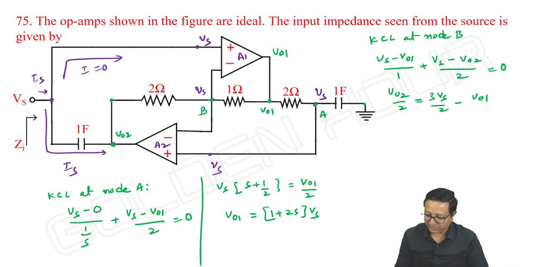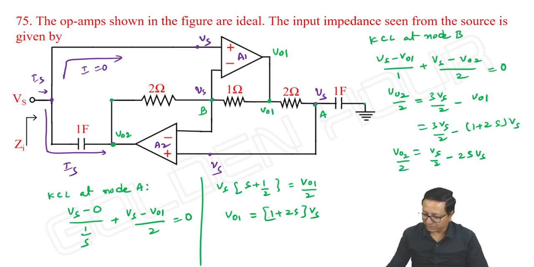It is 1 plus 2s into Vs. So 3Vs by 2 minus 1 plus 2s into Vs. Then 3 by 2 minus 1, it is 1 by 2 Vs. If you observe this, it is Vs by 2 minus 2s into Vs, that is VO2 by 2.